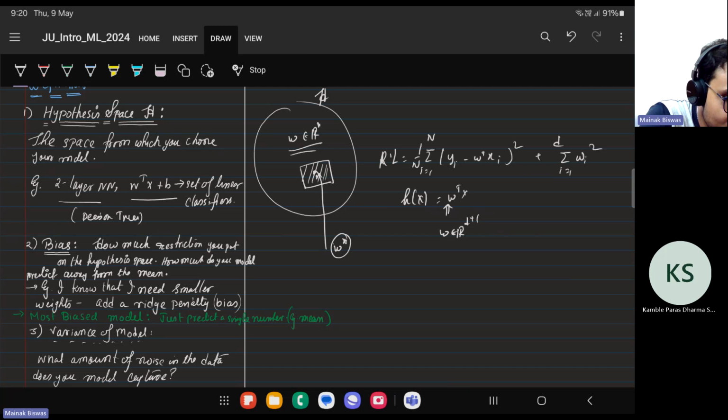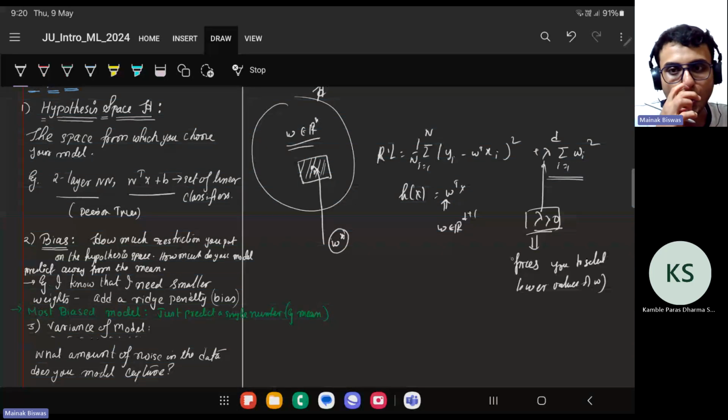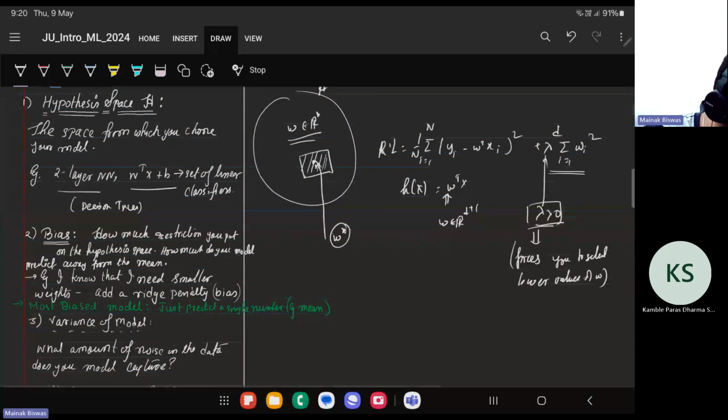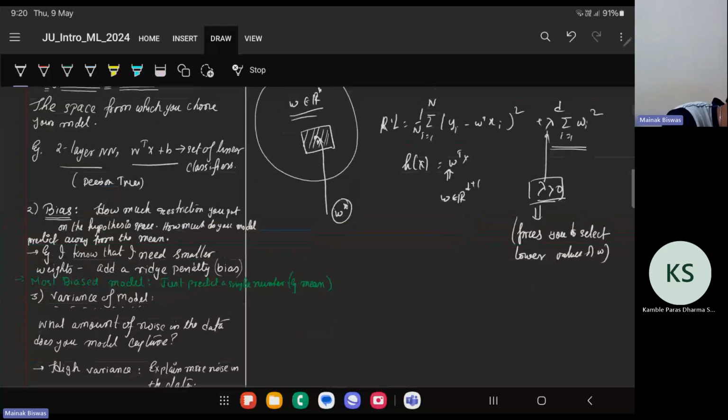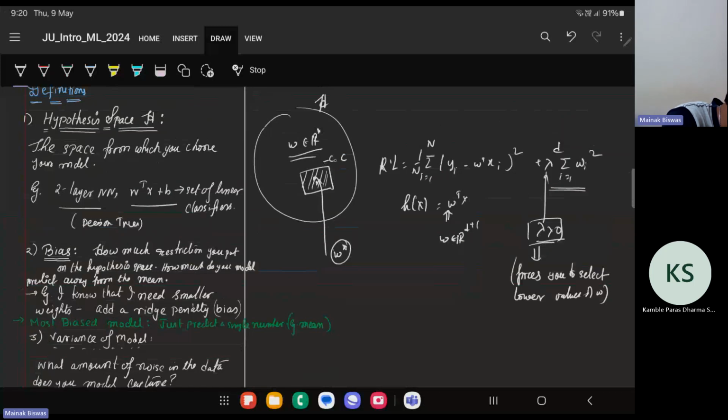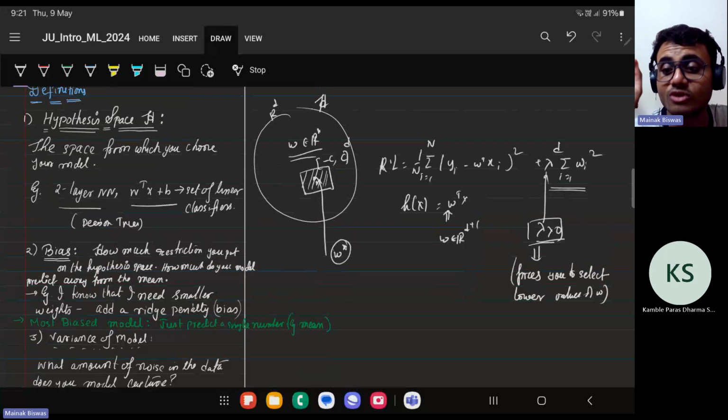It forces you to select lower values of W. So automatically you're restricting your space to, say, minus C to C to the power D, instead of R to the power D. We'll try to see it mathematically as well, but bear with me with this understanding that a high bias system means you are going for a simpler model.